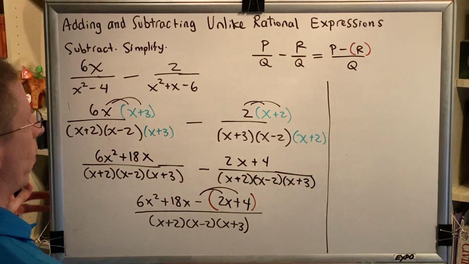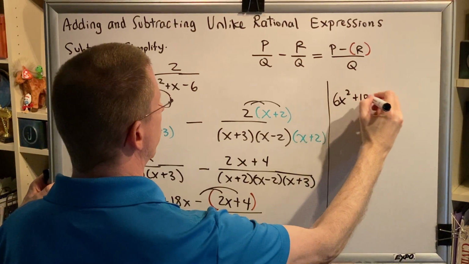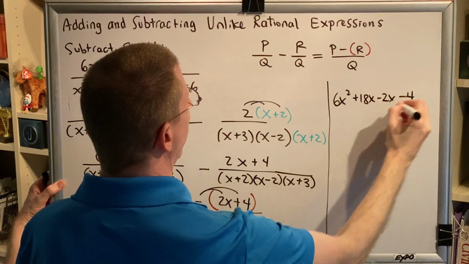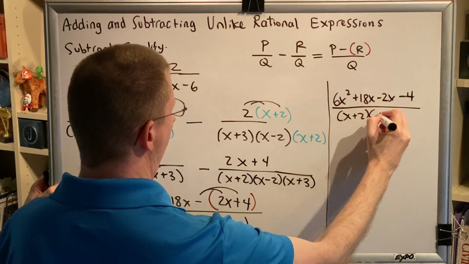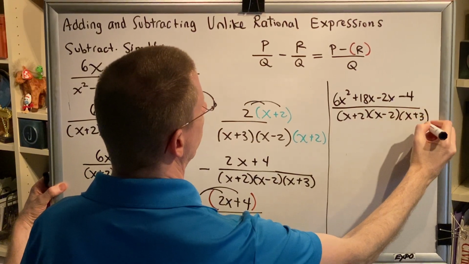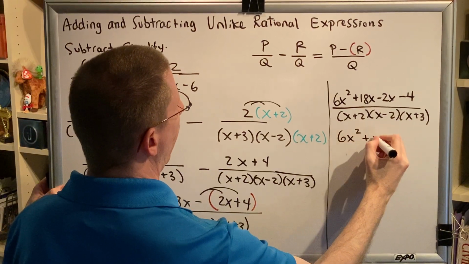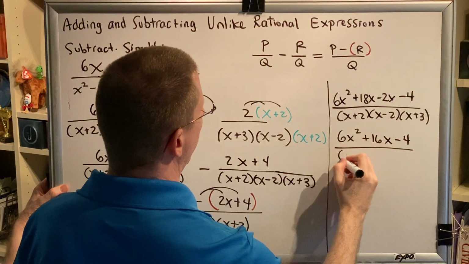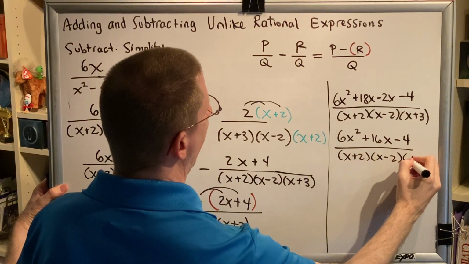All right, so now we're going to have 6x squared plus 18x minus 2x minus 4 over the x plus 2, x minus 2, x plus 3. Combining like terms, we get 6x squared plus 16x minus 4 over x plus 2, x minus 2, x plus 3.